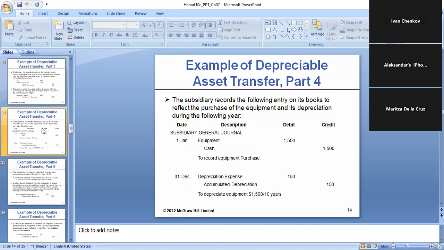Now on the subsidiary's record, the subsidiary obviously is going to record the equipment of 1,500. They pay cash to the parent, 1,500, and then the subsidiary is going to start showing the depreciation based on the 10 years of $150.